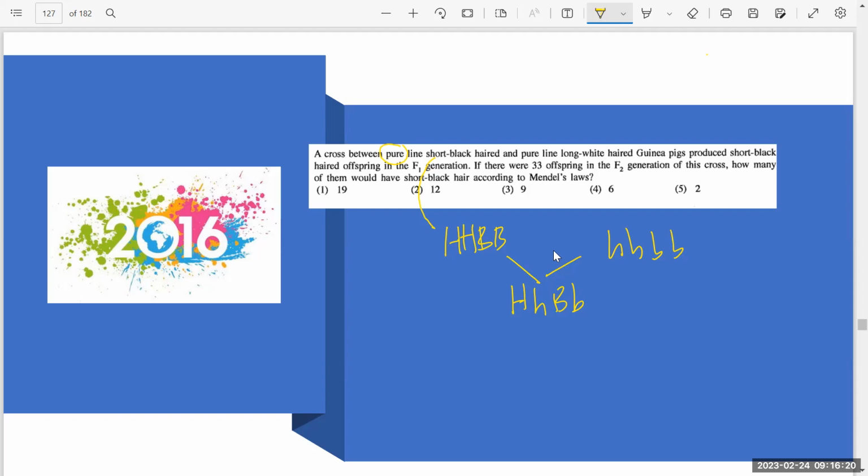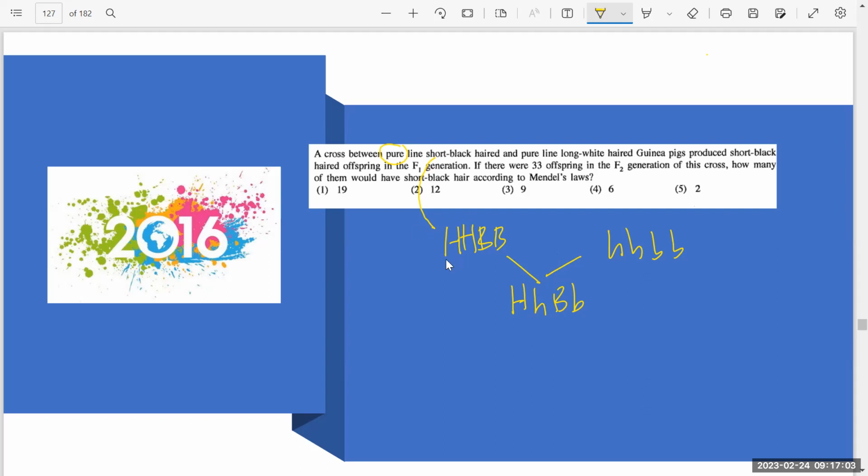If we do this step, it shows us it is Mendel genetics, because there is a pure line short black-haired and a pure line long white-haired. We don't know what is recessive or dominant in the first part of the question. We can't guess. But in the second part, the F1 generation has produced short black-haired.